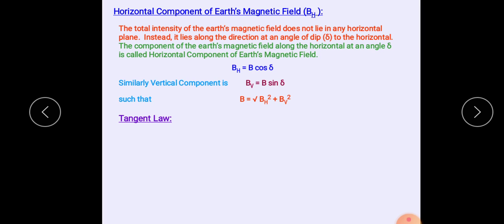Now the tangent law. Suppose there are two fields B1 and B2 at right angles.